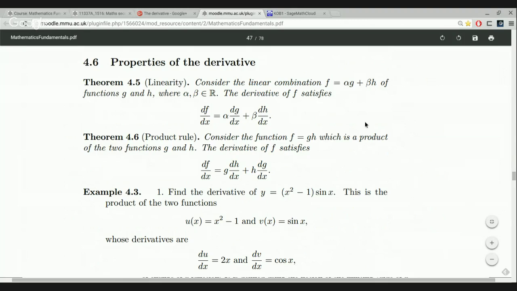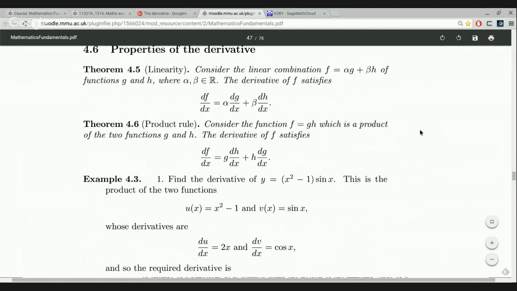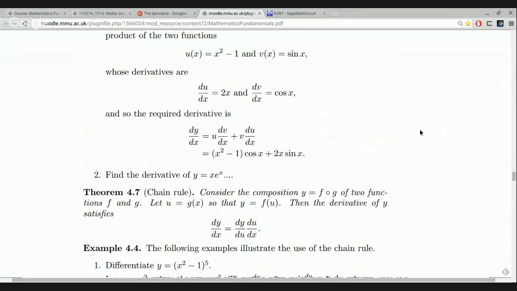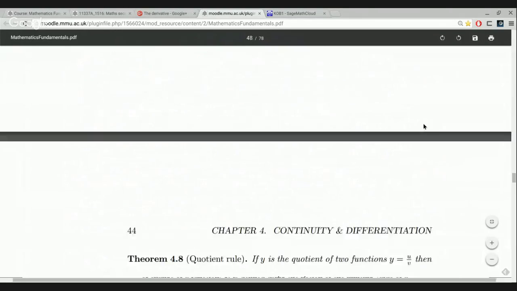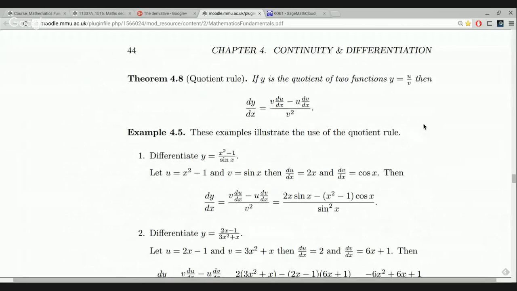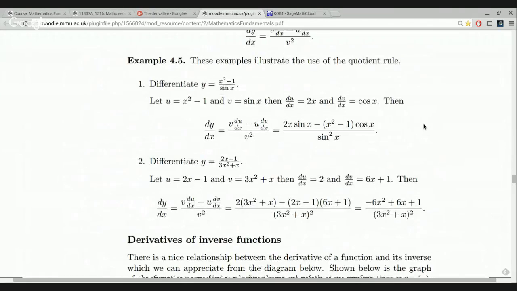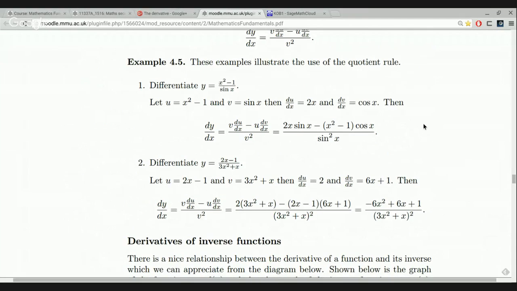Then you've got another property called the product rule relating to products of functions. You've got a chain rule relating to compositions of functions. There will be a quotient rule relating to quotients of functions, and so on. Okay, so these are familiar concepts that we've looked at in our previous work on convergence and limiting values of various objects. We'll be looking at these again for differentiation.